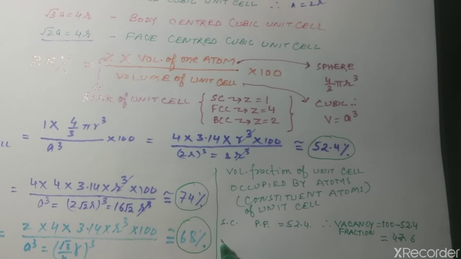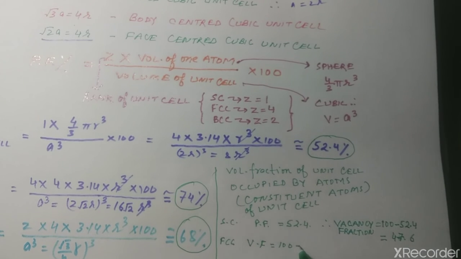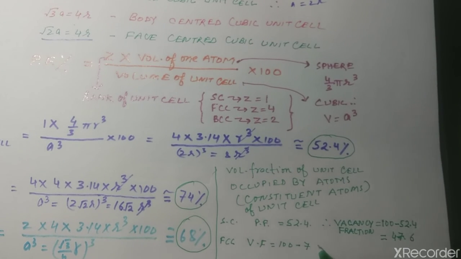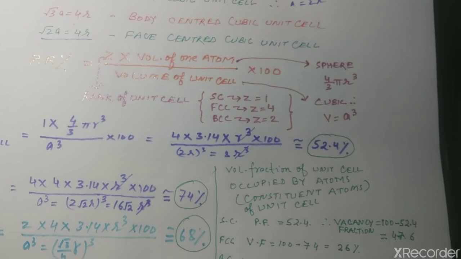Similarly, in FCC, the vacancy fraction is 100 minus 74. This is equal to 26%. In BCC, vacancy fraction is 100 minus 68. This is equal to 32%.